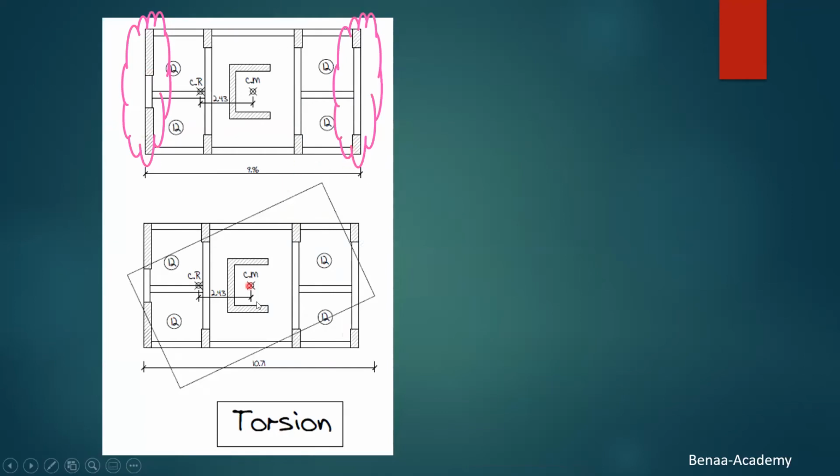The center of mass and center of rigidity differ, because you can clearly see that the stiffness of the two walls is different from these two columns; this is like a wall, this is like a column. So basically it will rotate.